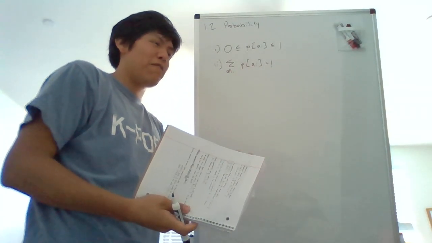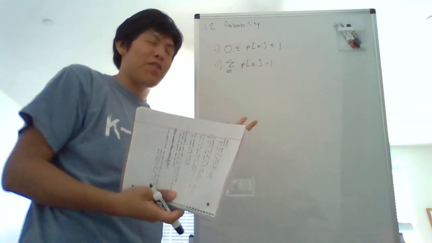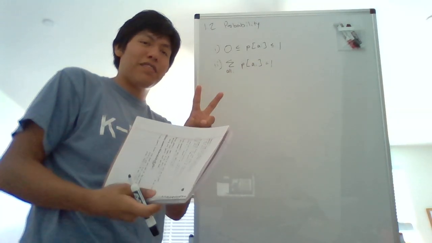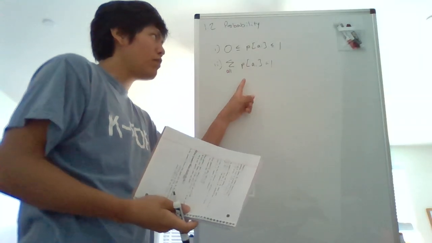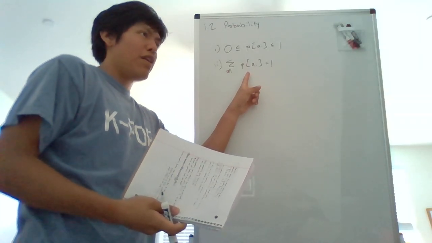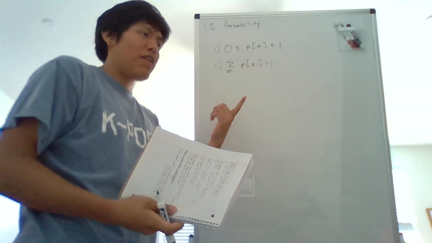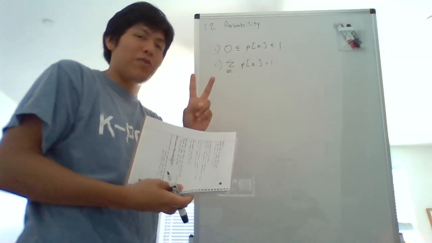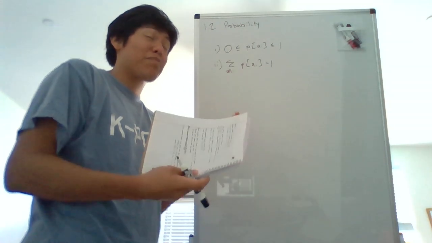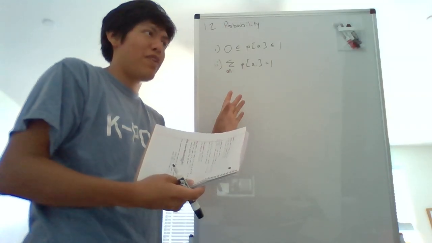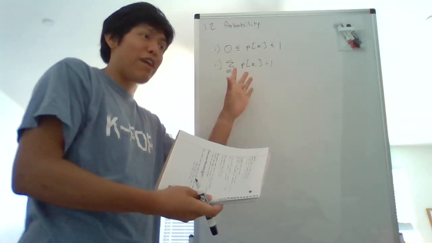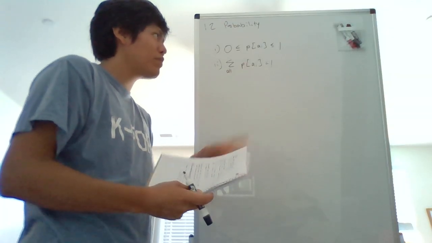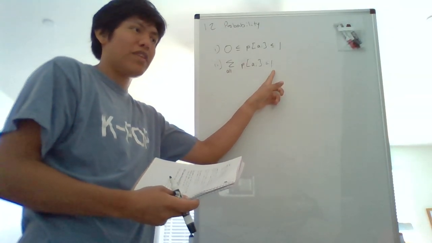So if you have 3 things happening, or I guess we'll make it simpler, if you have 2 events, then when you add the probabilities of those 2 things, plus anything in the sample space outside of those 2 things, it has to be equal to 1.